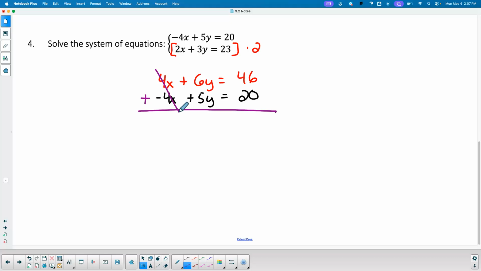Okay? 6y plus 5y is 11y. 46 plus 20 is 66. Okay? Now what? Divide by 11. So what's y equal to? 6. Okay? So if y is equal to 6, now what do we do?